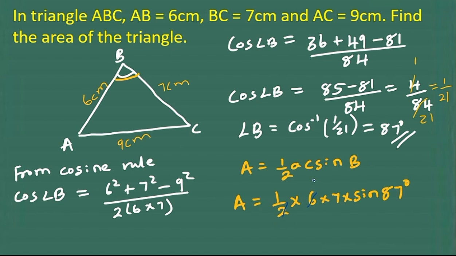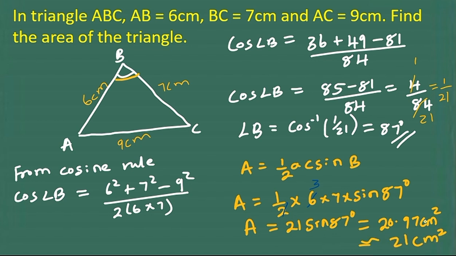This is gone and we are left with 3, so A is going to be equal to 3 times 7, 21 sine 87 degrees. If you compute this in your calculator, we are going to have 20.97 centimeters square, which is approximately 21 centimeters square. So therefore we can say that the area of this triangle is equal to 21 centimeters square.